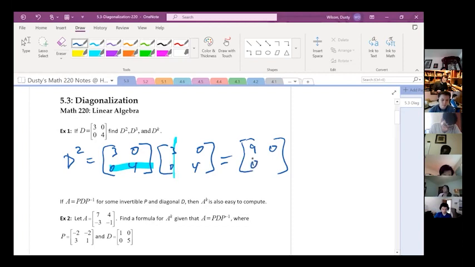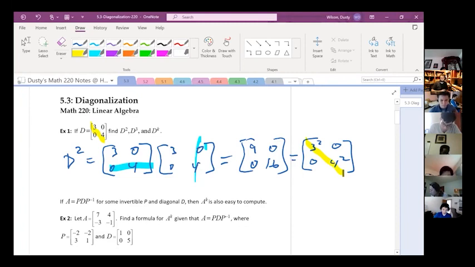And then the last one is going to be 16, I think. Okay, yeah, from Gerline, thank you, [9, 0; 0, 16]. And what I want to point out specifically is that this is the same thing as [3 squared, 0; 0, 4 squared]. And so notice these 3's and 4's are the same as those 3's and 4's.